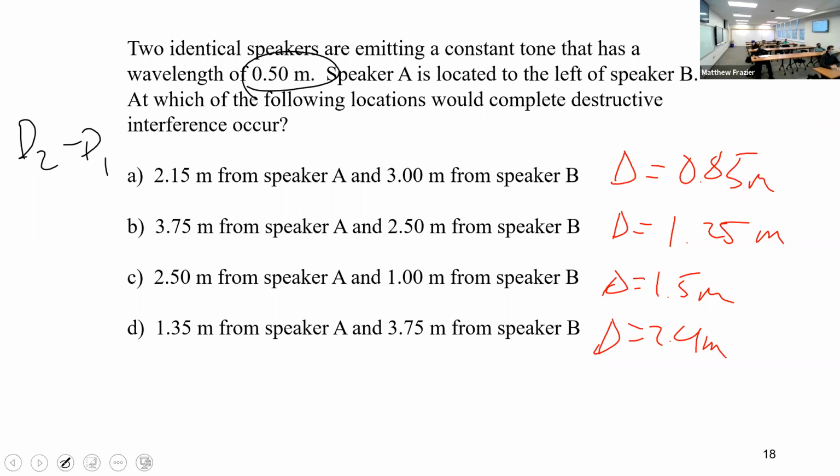So now in terms of the wavelength, we're basically going to divide our path difference by the wavelength, to get N. If it's constructive, it's one kind of number; if it's destructive, it's something else.